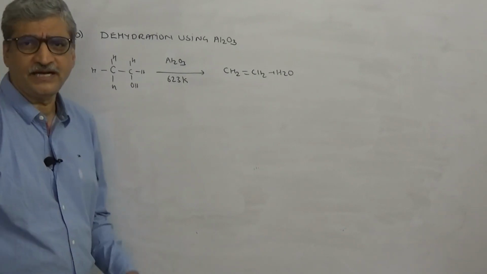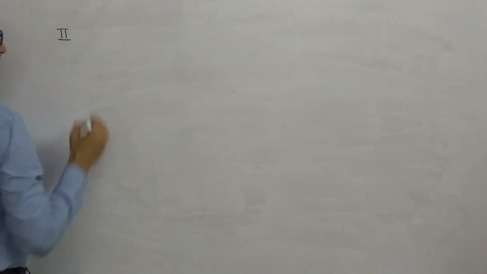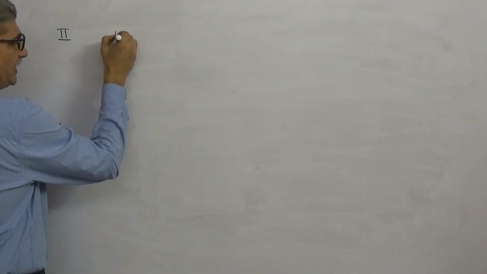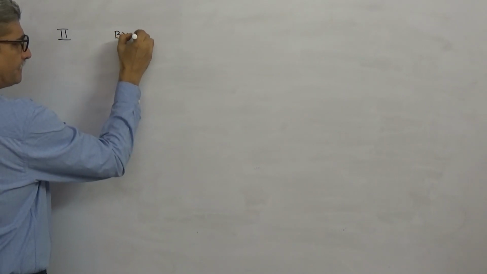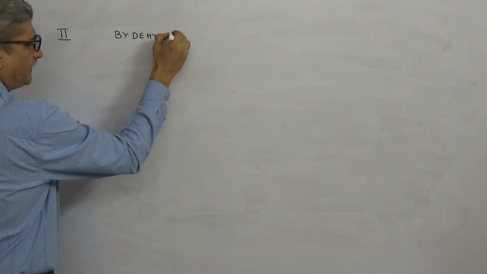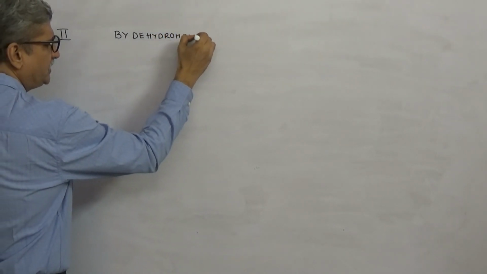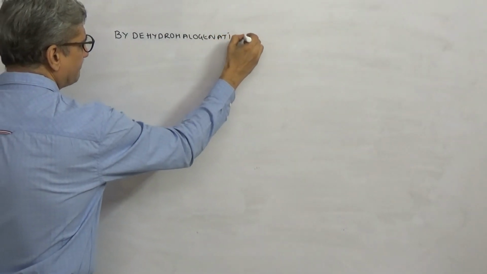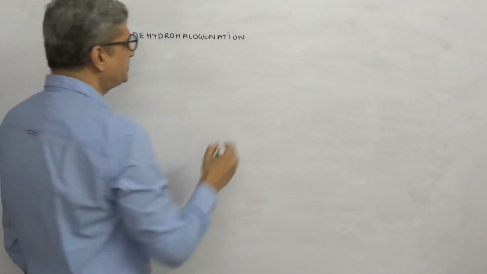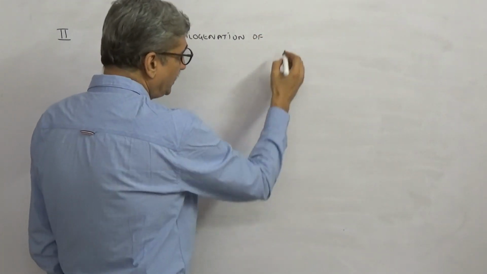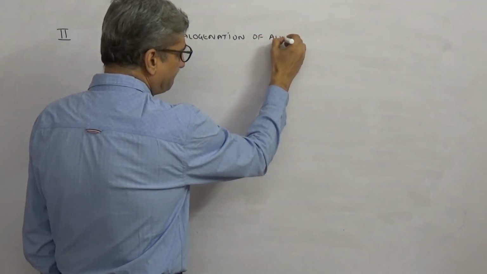We'll now come to the next method of preparation. Again it's an elimination reaction. This is by dehydrohalogenation of alkyl halide.